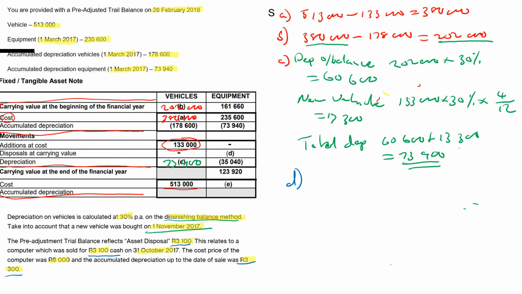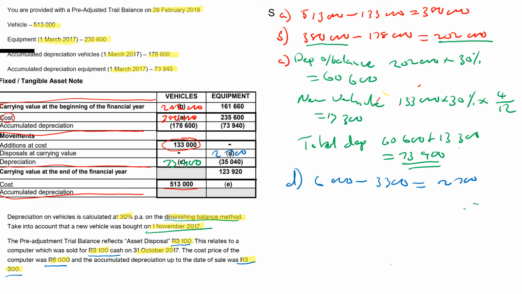So we need to calculate the carrying value on that date of sale, and the cost price was 6,000. So 6,000 minus 3,300 total depreciation up to the date of sale will give you the carrying value. That's 2,700. So D is 2,700. That's all you need to do.